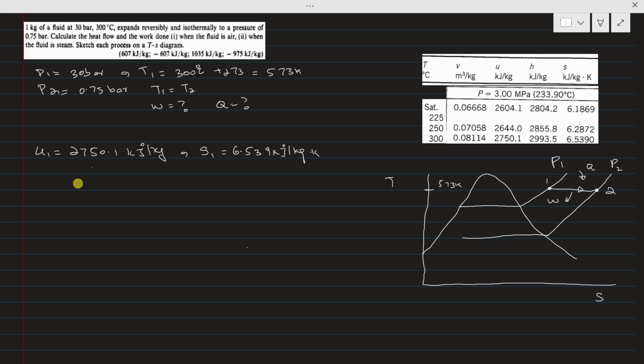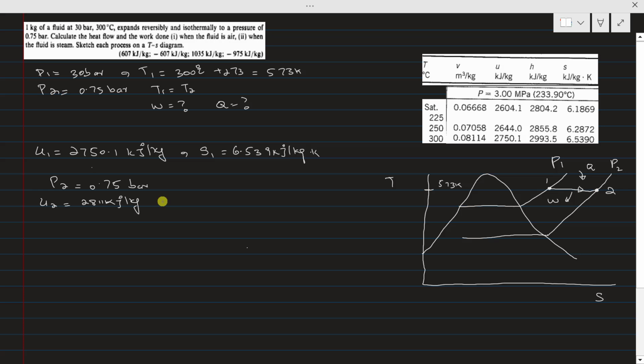Now next, at pressure P2, that is 0.75 bar, and temperature 300 centigrade, that is T2, the same as T1, you will get the enthalpy U2, that is equal to 2811 kilojoule per kg.